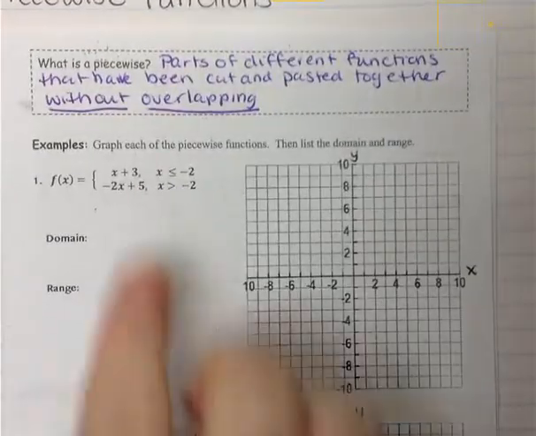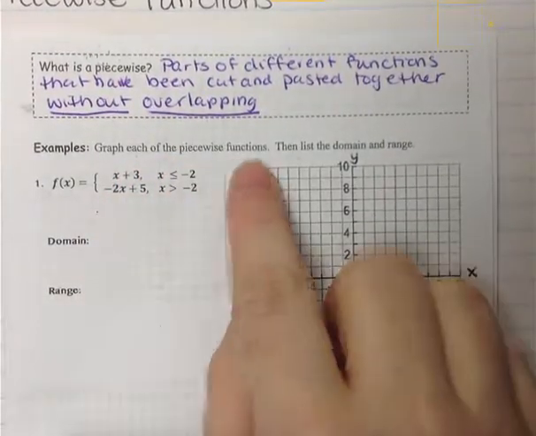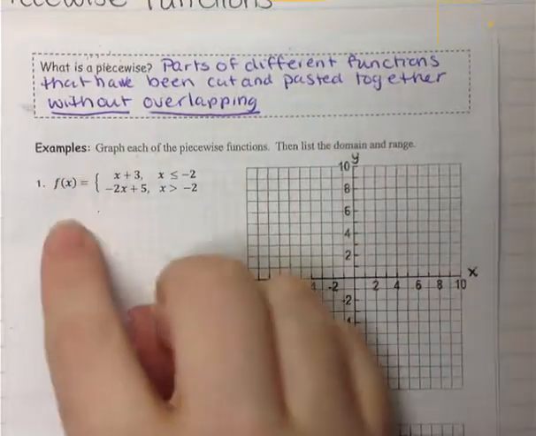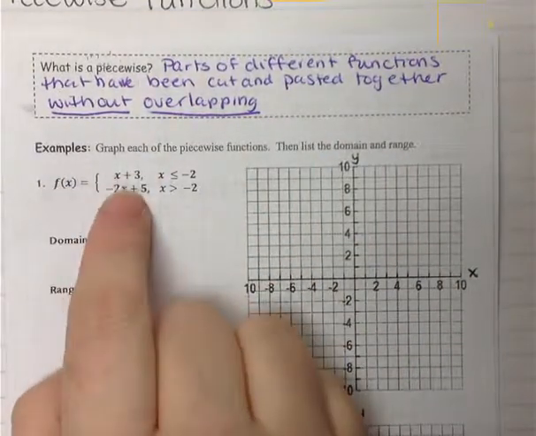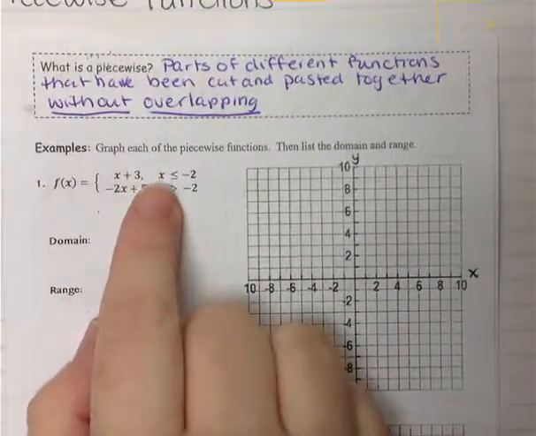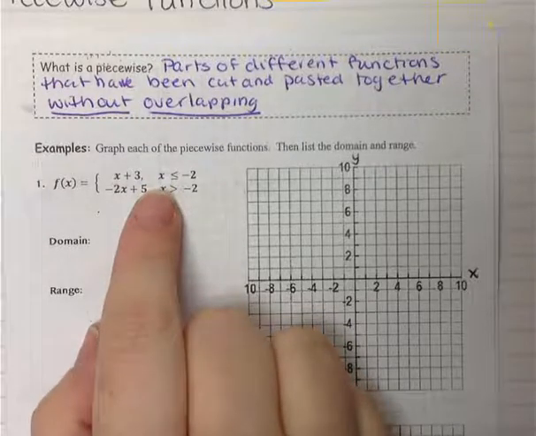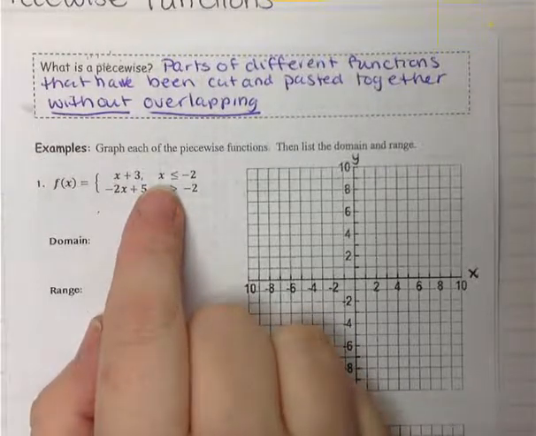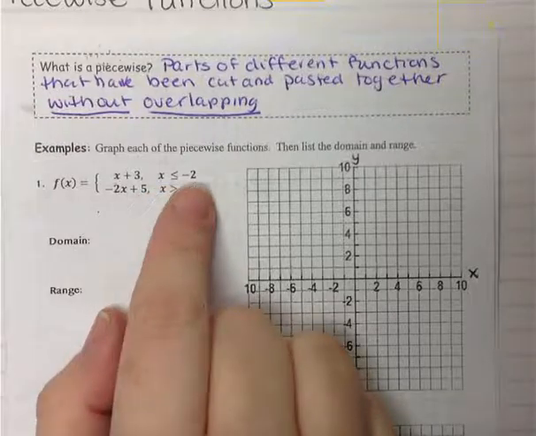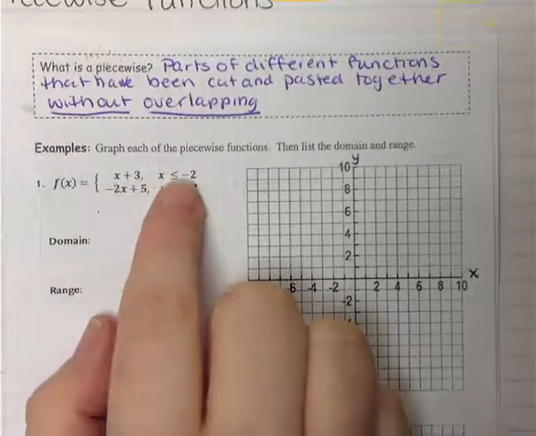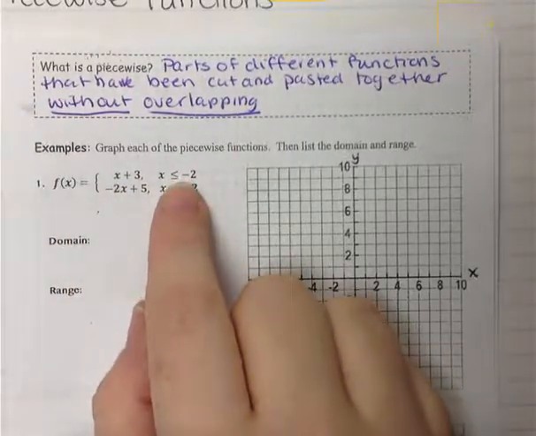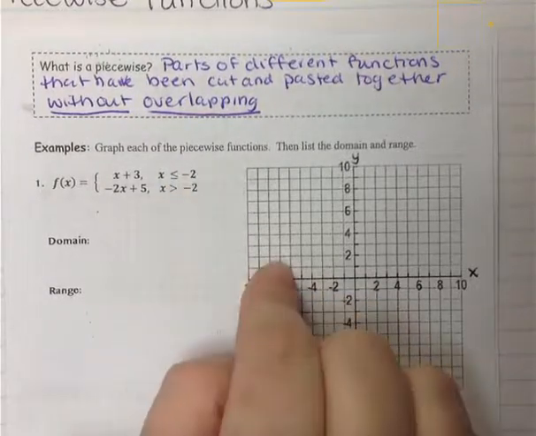What we're going to do is graph each of the piecewise functions, then list the domain and range. We have 2 different equations, but we have restrictions on each equation. So this first equation, the x plus 3, we can only graph with regards to the x values that are at -2 and to the left.